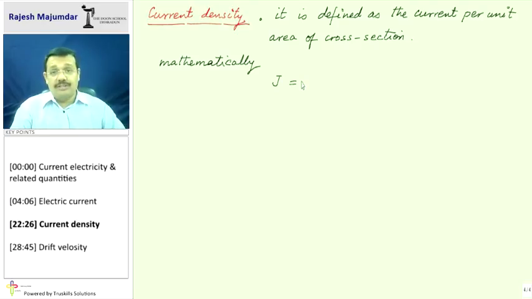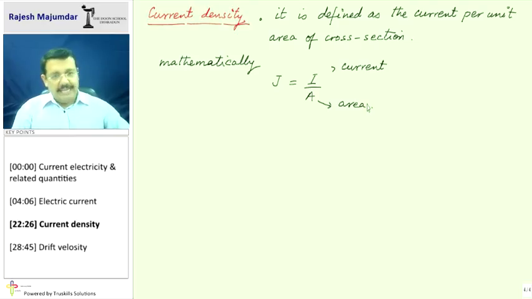It has no relationship with the current density name as such, but it is now a convention to define current density by J, and this is equal to, in ordinary sense, I over A. And what is I? I is current and A is area.